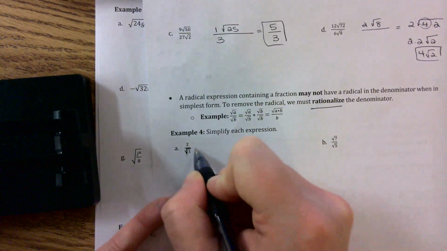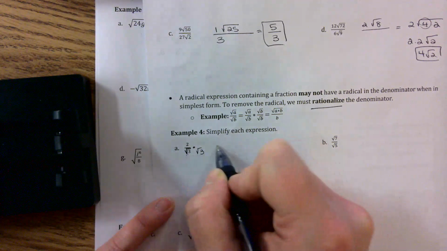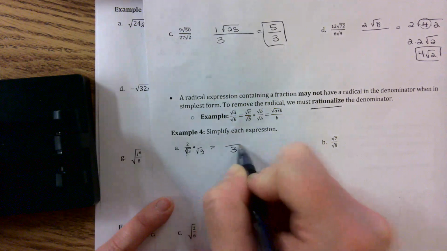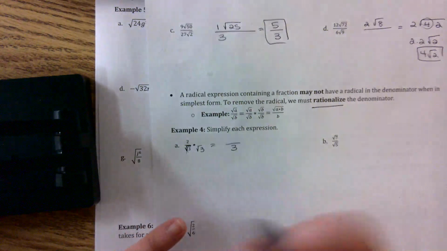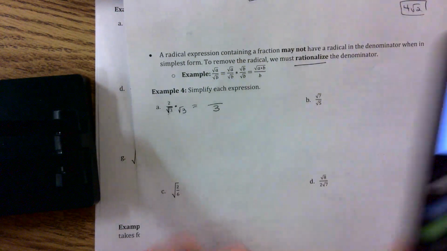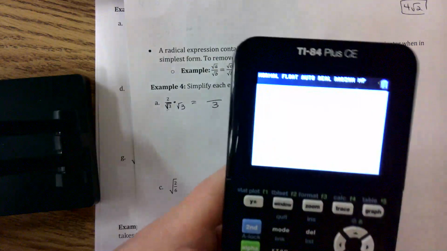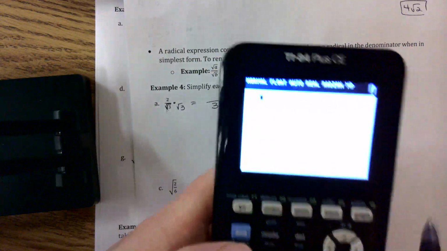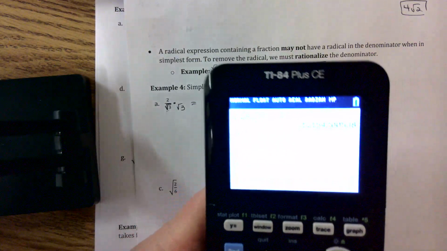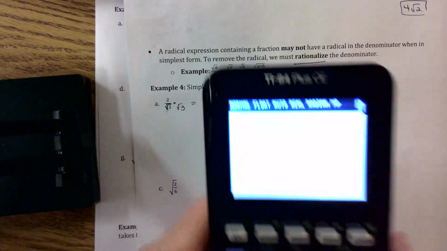To get rid of a square root, we have to square it. So if I multiply it by a square root of 3 on the bottom, I simply get a 3. But I can't change the actual numerical value. I still have to keep it as about 1.154700538.